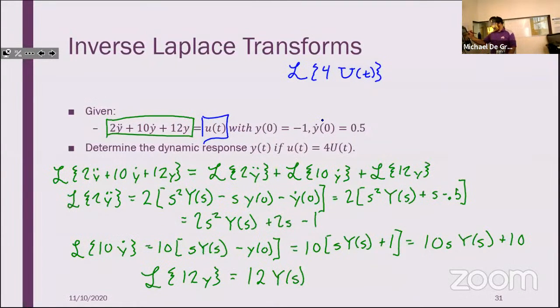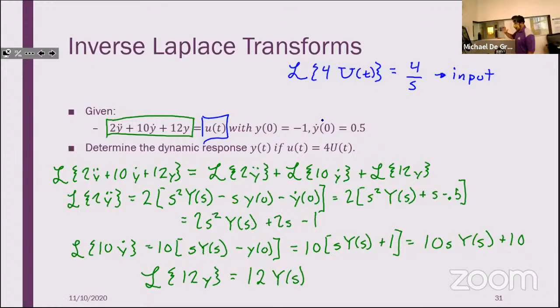If you go to your table, this is the same as having a step of 4. So this is just going to be 4 over s. And this is my input. Let's remember, this is the input.